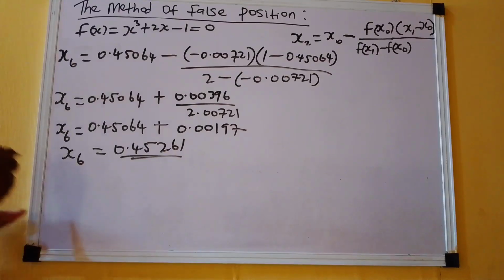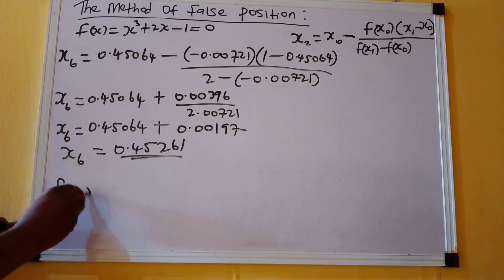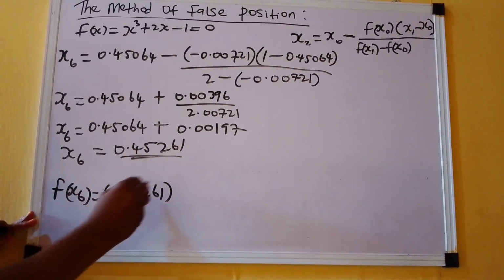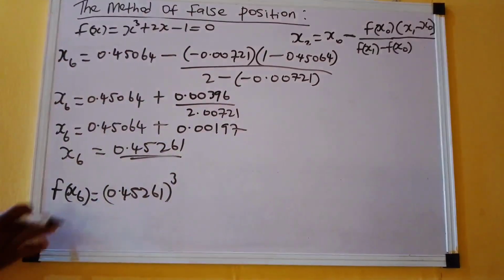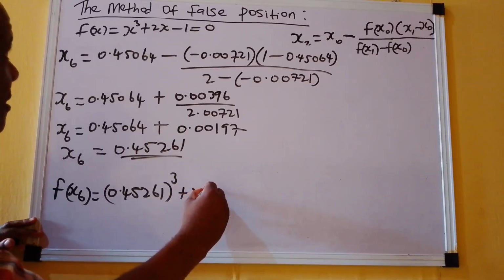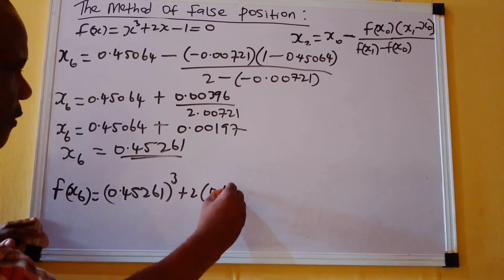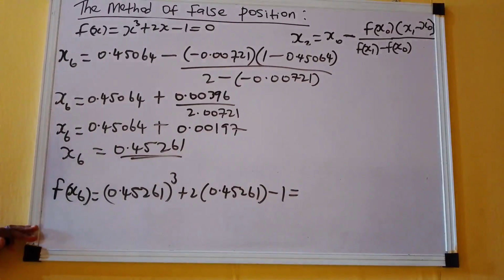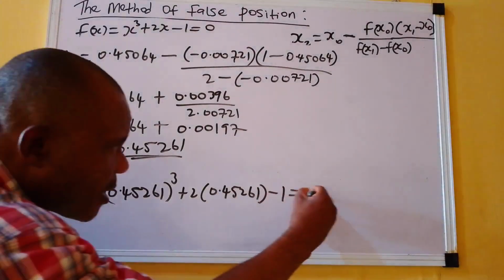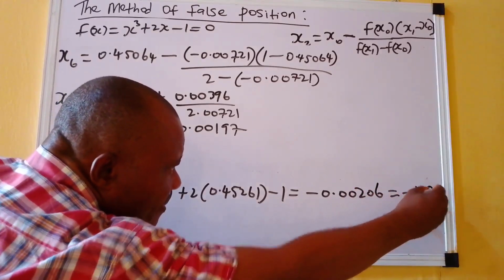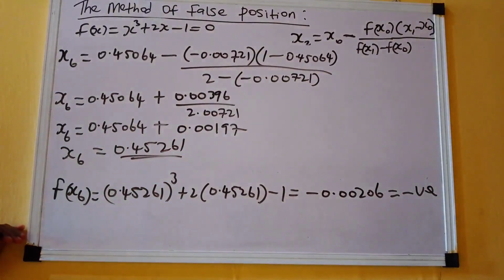Now let us get our f of x6. It will be 0.45261 all raised to power 3. We are using the model equation to get anything. Plus 2 into that value, 2 into x6, 0.45261 minus 1. Pressing our calculator, our f of x6 will be minus 0.00206, and again this is negative.